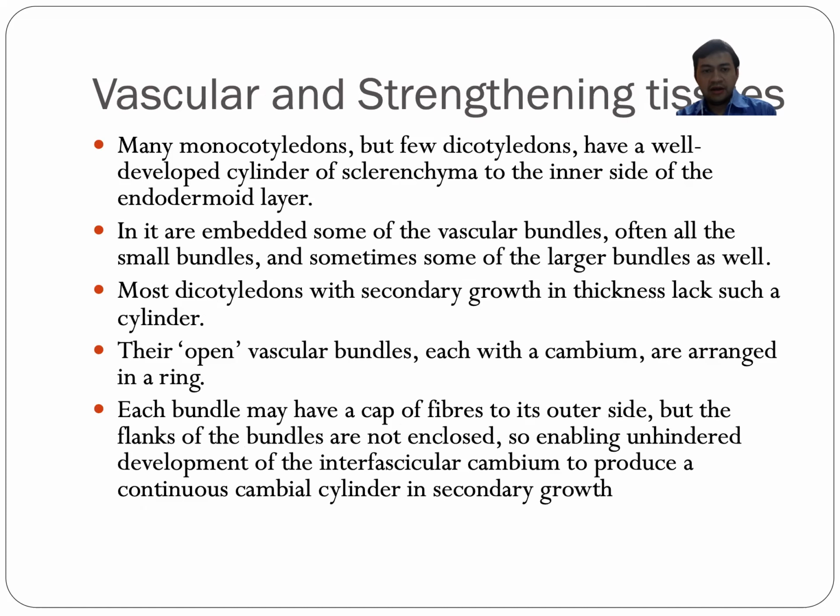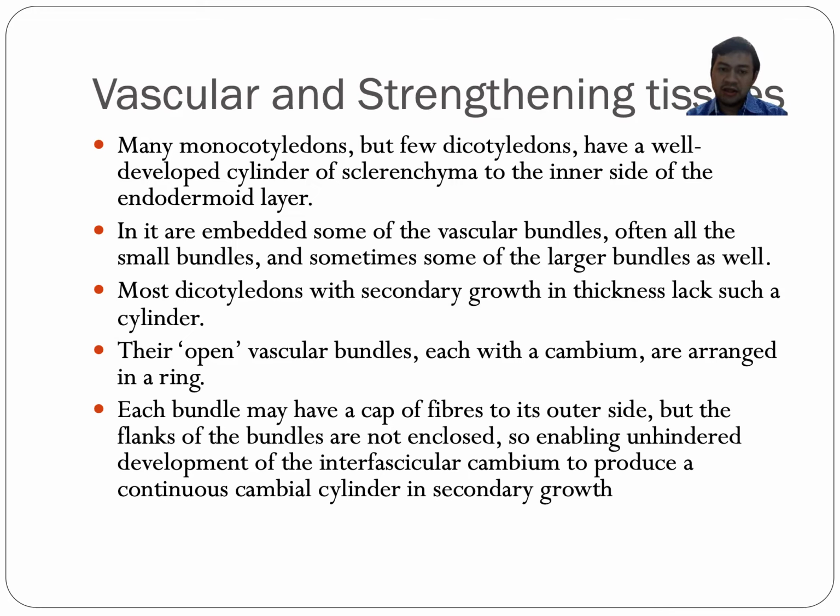And then for the vascular and strengthening tissues, many monocotyledons, and only a few dicotyledons, have a well-developed cylinder of sclerenchyma to the inner side of the endodermoid layer. In it are embedded some of the vascular bundles, often all the small bundles, and sometimes the large bundles as well.